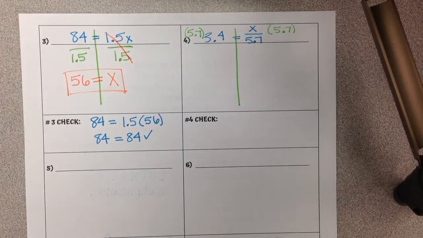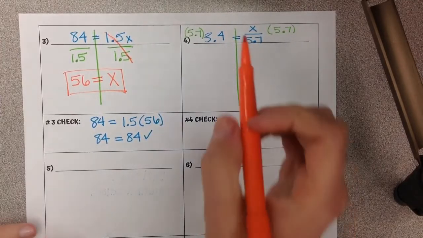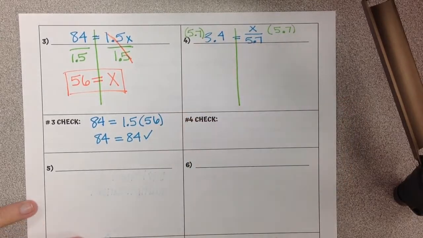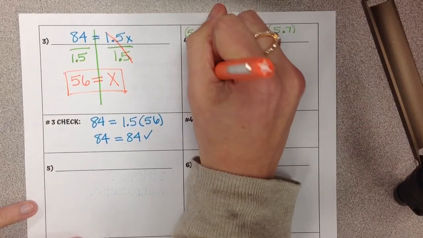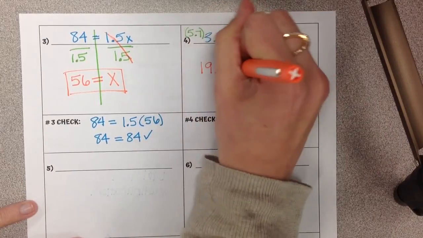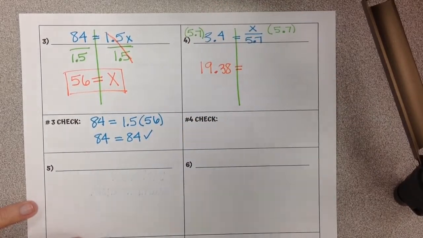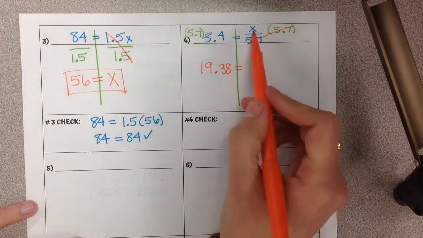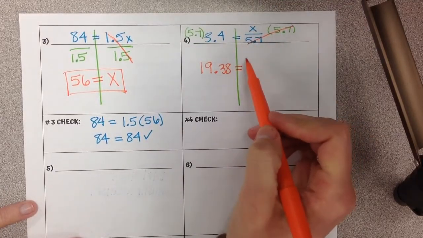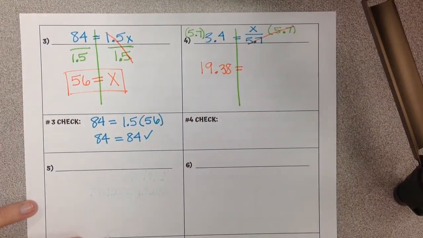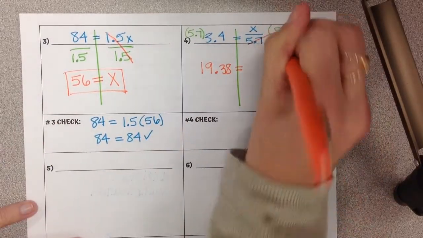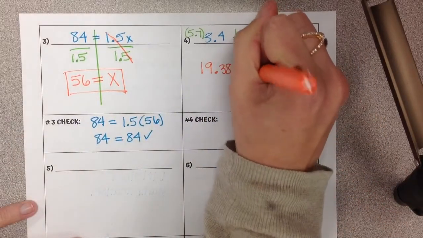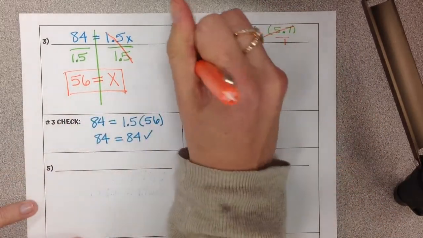Now we're going to go ahead and simplify and rewrite our expression. 5 7/10 times 3 4/10 is going to give me 19 38/100. On the right side, these will cancel out, because if you divide something by a number, you do the opposite, you multiply, those opposite operations cancel out. If you want to think about it as over 1, it's like a fraction, those diagonals cancel out. So on the right side, we are left with just x.